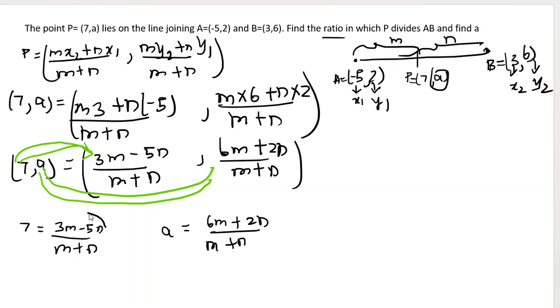Now we use the first equation to get the ratio. So we take 7 equal to (3m - 5n)/(m + n).